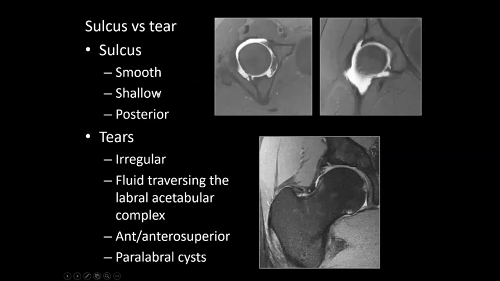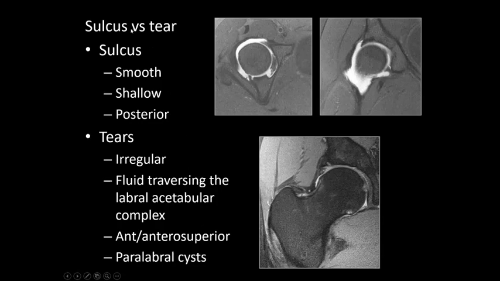It is also important that we don't overcall the labral tears because of the labral sulcus. The sulcus normally looks smooth and shallow, and it is most commonly seen posteriorly, for example, in this patient here. But labral tears are more ragged, more irregular, and they are commonly seen anterior or anterosuperior, and they are associated with paralabral cysts.